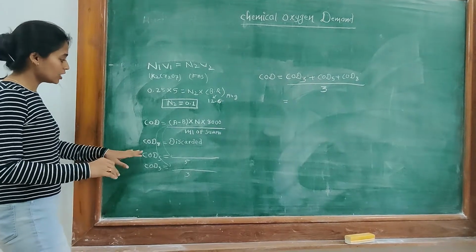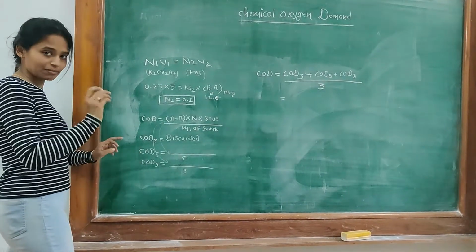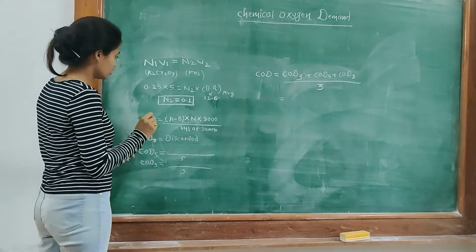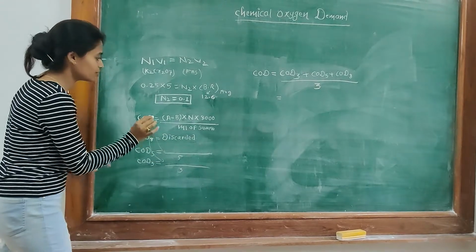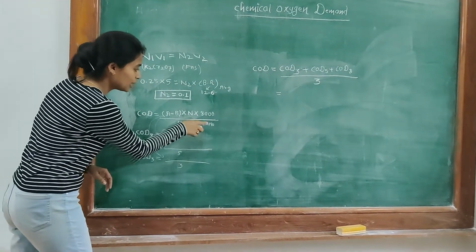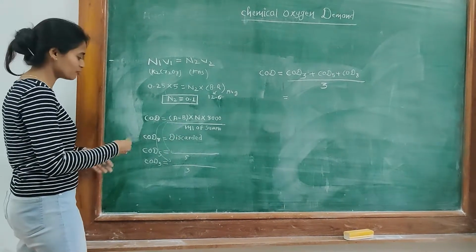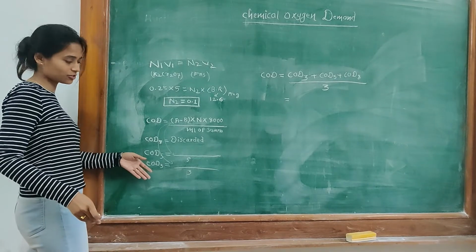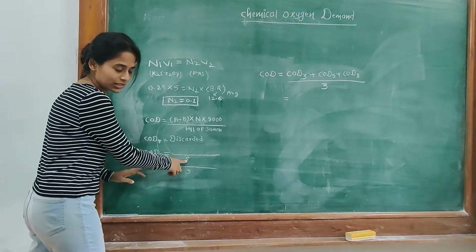Then for 5 ml dilution, you will put in all these values and calculate. One more thing to be taken care of is ml of sample. Here you won't write 10, otherwise there will be no use of using different dilutions. You used 5 ml only here and 3 ml only there.